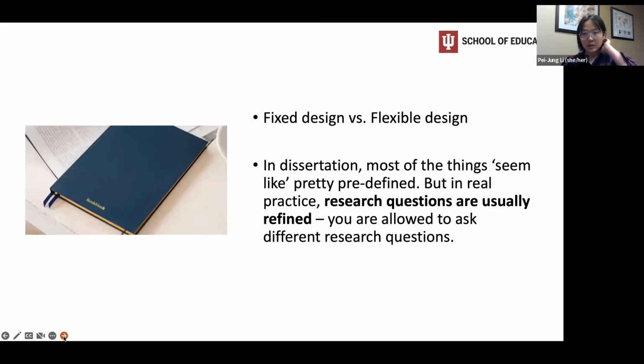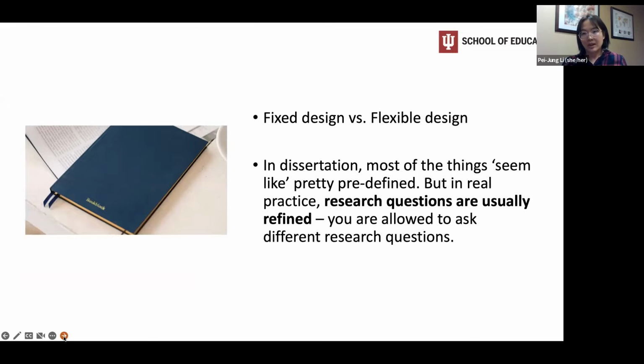Interestingly, I think some graduate students were not made aware of this, but there is a fixed design and a flexible design. Typically what we learn from the textbook is that doing research is linear, that once you plan ahead, things are done and you couldn't change it.